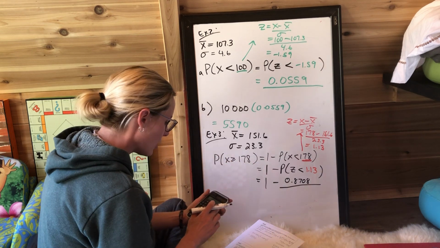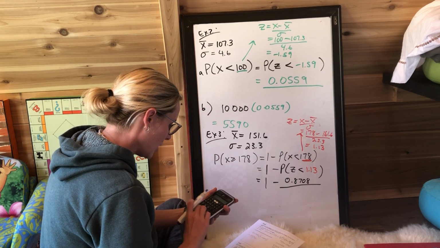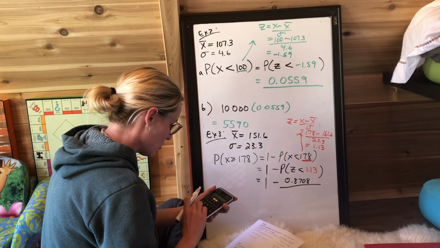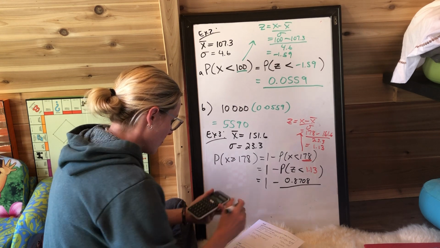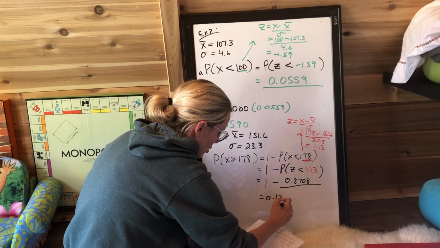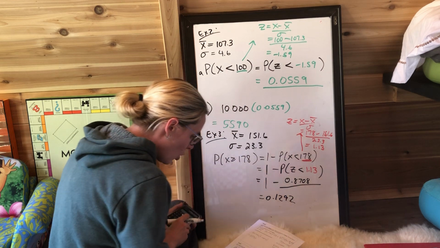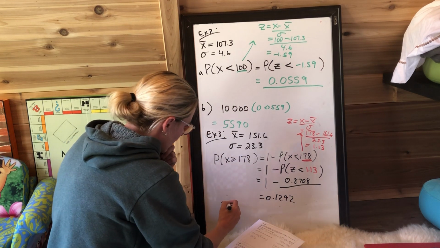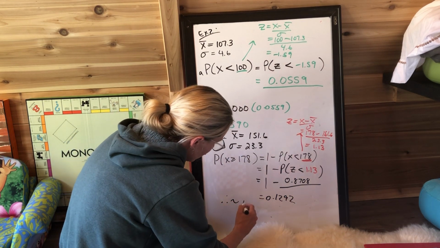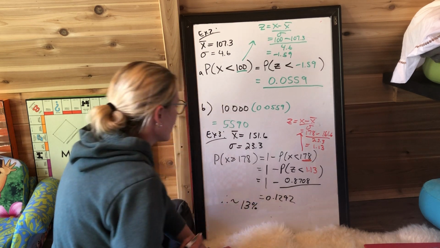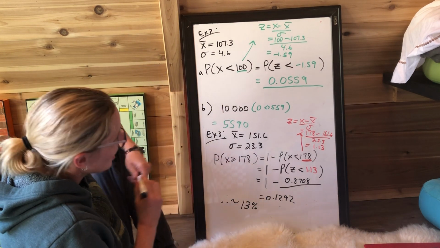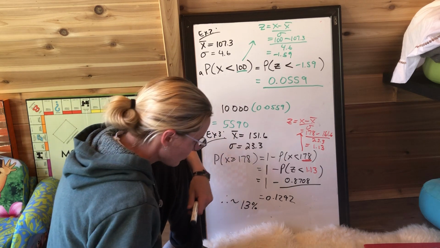We want to know how much is greater than that. So 1 minus 0.8708, 12 and a bit percent, is 0.1292. Okay, so almost 13%. This kind of means approximately 13% of the days there were more than 178 people that went to that theater.